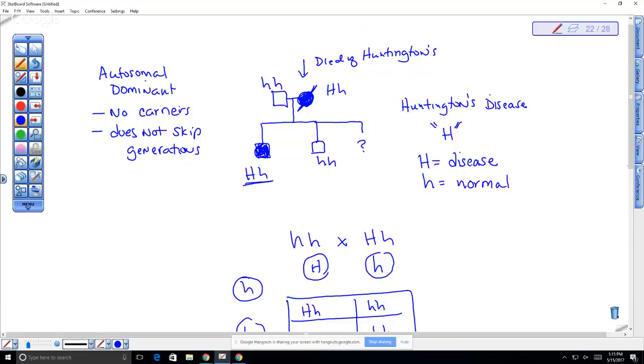Okay. I have a question. Traits manifest themselves differently, like if it's the same trait and it manifests itself differently? Yes. For some of the diseases, there's more than one allele.